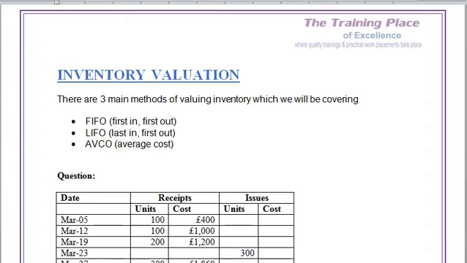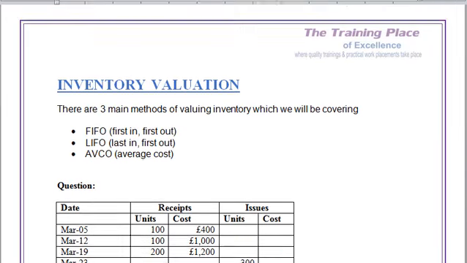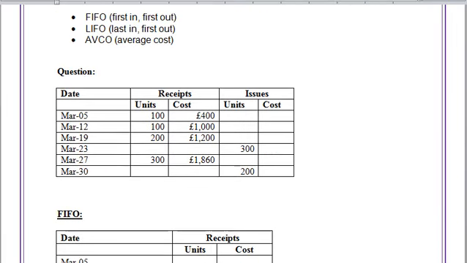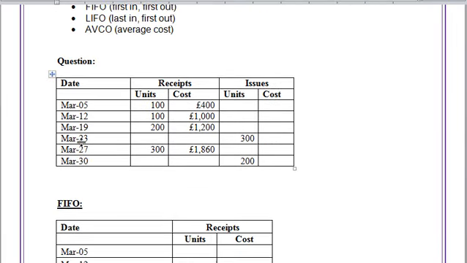So if they ask you in this question to value the inventory that you issued on the 23rd of March, 300 units, using the first in, first out method, it will mean that I am trying to identify the first 300 units of inventory that I received and how much they cost me.